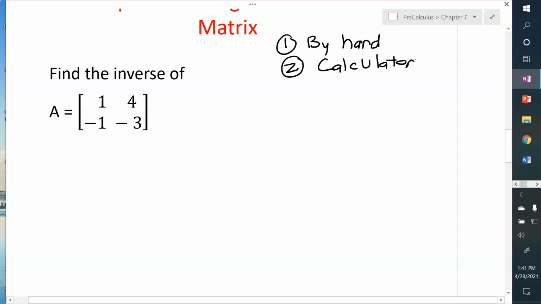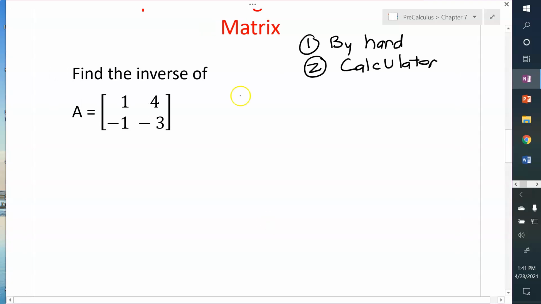So by hand, what we're going to do is set up a matrix, and it's going to be matrix A, and then I'm going to put in this little dashed line, and I'm going to put the identity matrix in. So 1, 0, 0, 1. So here's the matrix I'm going to use.